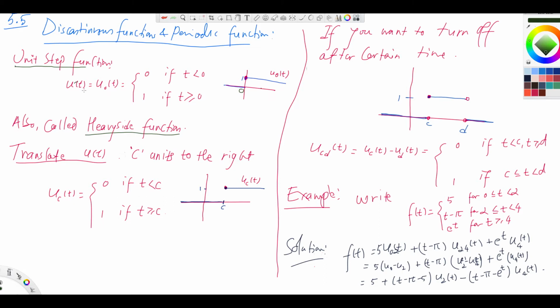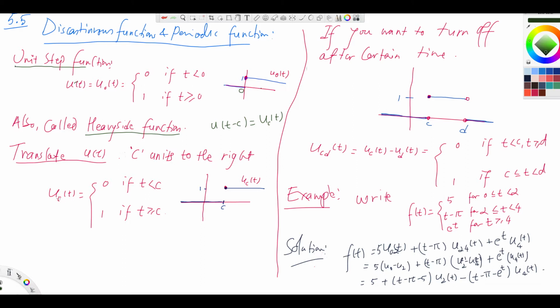What you do is you shift this function c units to the right. How do I shift the function c units to the right? You replace t by t minus c. So when you do u(t minus c), we denote this also by u_c(t), okay? You translate u(t) c units to the right.